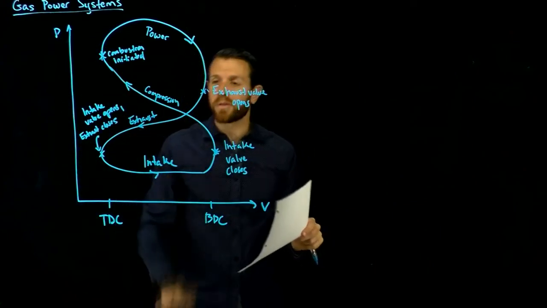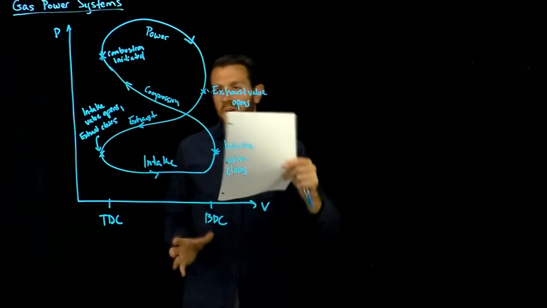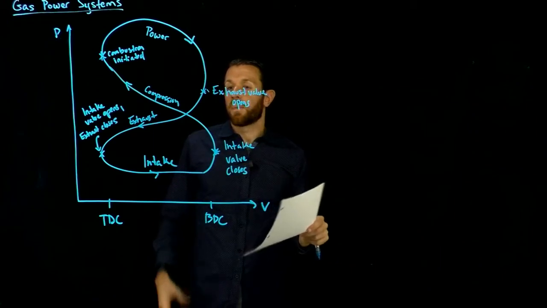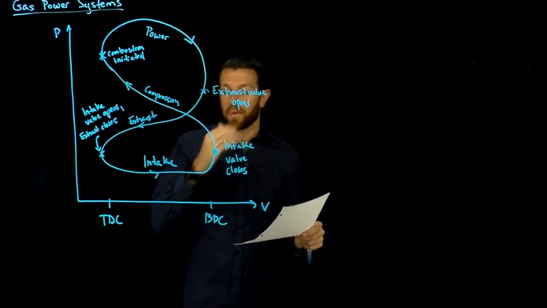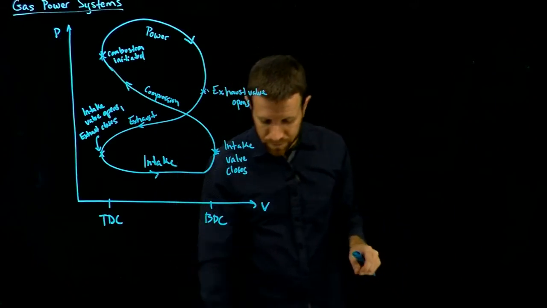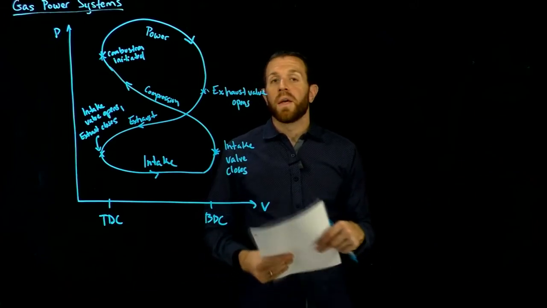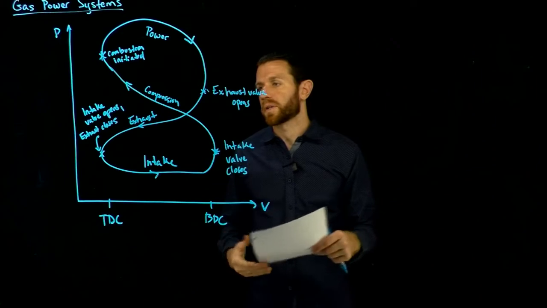This is not to look exactly like an 8, but a little like a sort of skewed 8, perhaps. But in any case, the takeaway is there are 4 different processes on this PV diagram, hence the term a 4-stroke internal combustion engine.